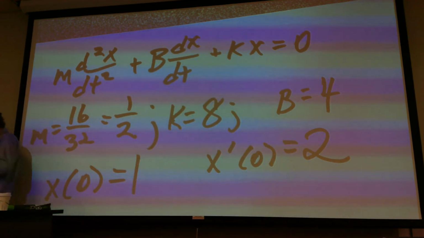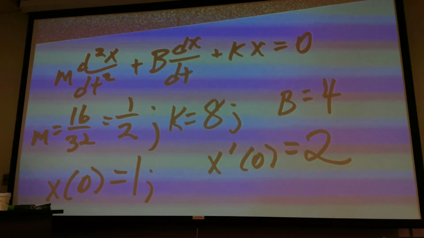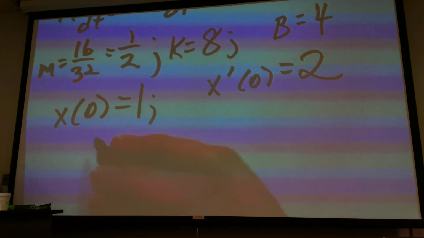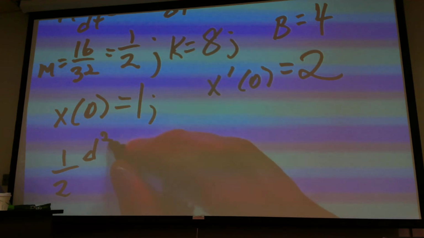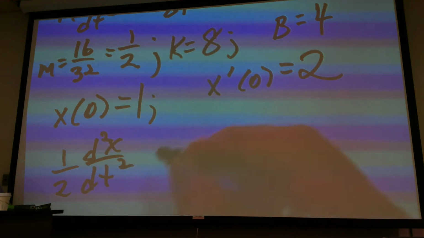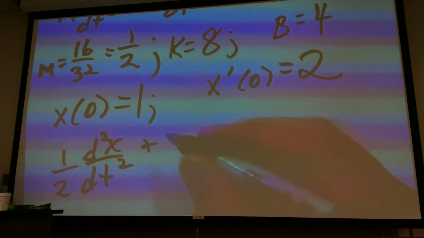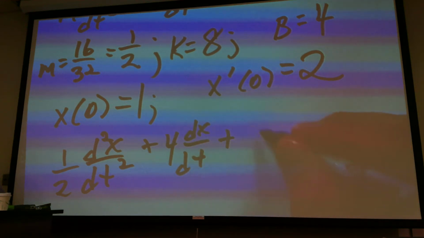So let's put all of this together. We end up with 1/2 times the second derivative, beta was 4, and k is 8.